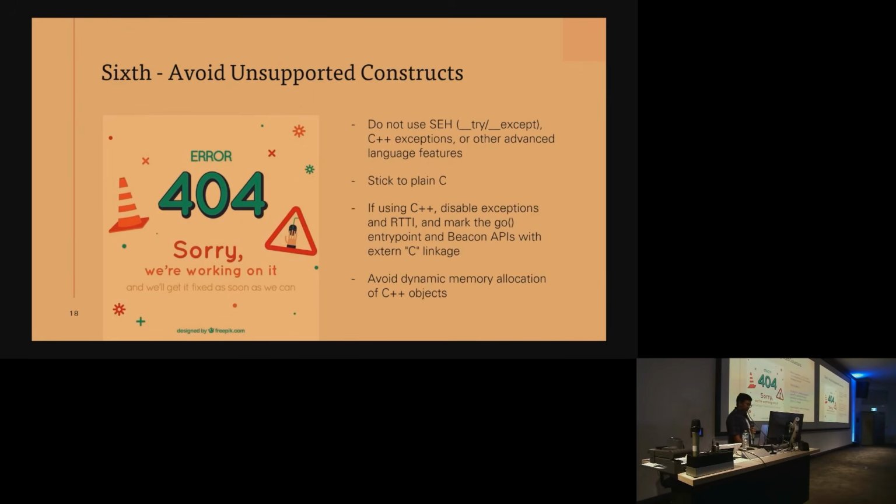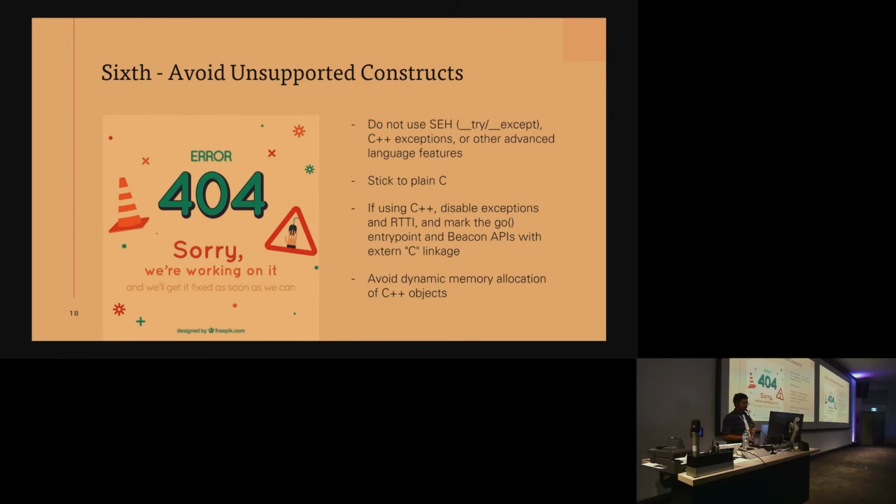The next would be to avoid unsupported constructs, due to the fact that the C runtime isn't available in a beacon object file, or rather a COFF object file. So you shouldn't use STL or even advanced language features such as generics.